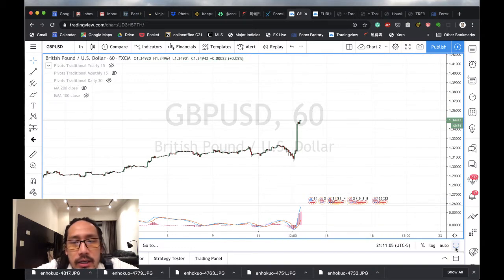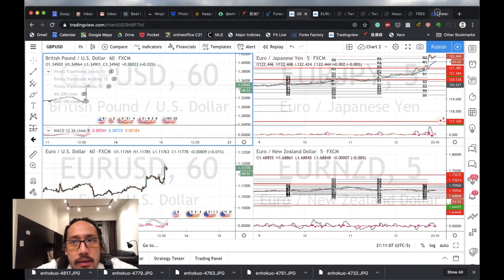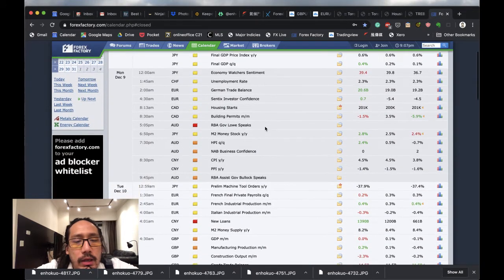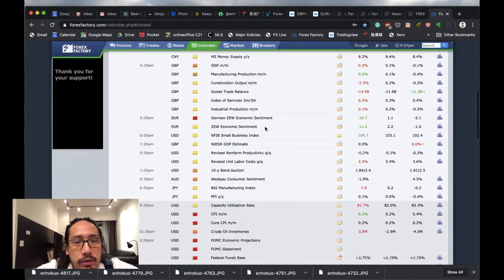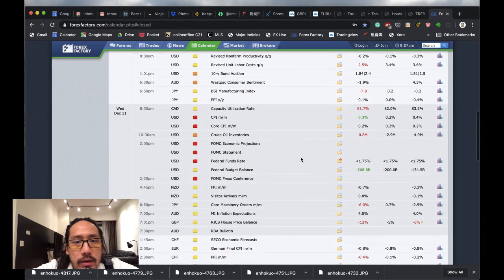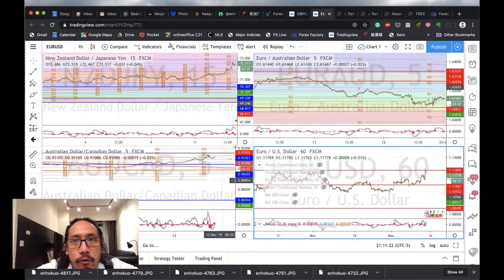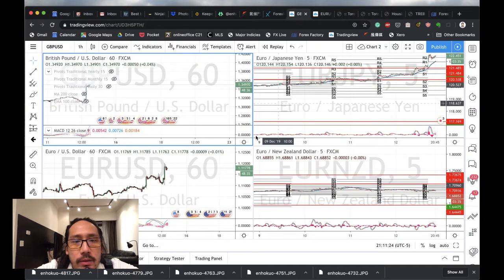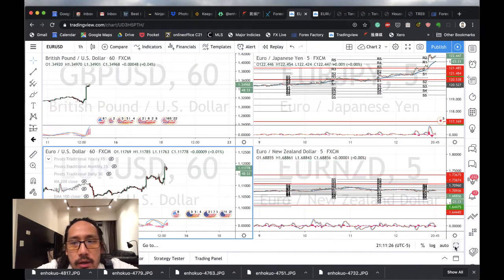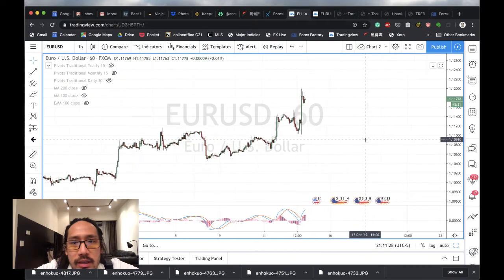Now, yesterday we had the FOMC meeting from the Federal Reserve. If you only look at the data, you'll see that the interest rate was unchanged, but we also had a big movement for the US dollar. If you take a look at euro dollar, you'll see the same thing.